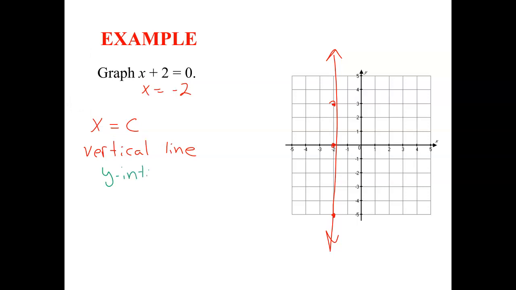What's my y-intercept? None. What's my x-intercept? -2, 0. And then tomorrow we'll talk about the slope of these lines. Wait, so that c stands for constant? Constant. It's just a number, any number.